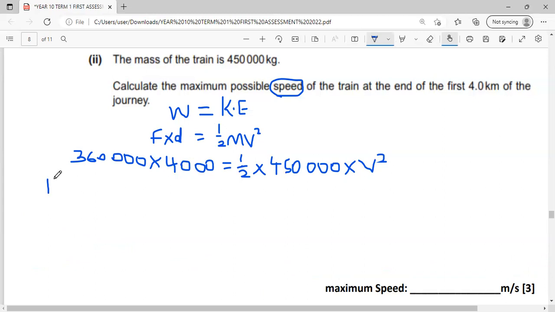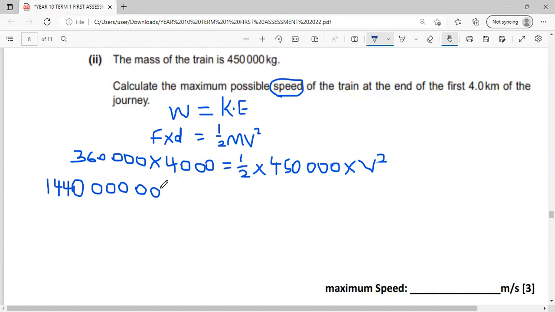360,000 multiplied by 4,000, that will give you 1,440,000,000.